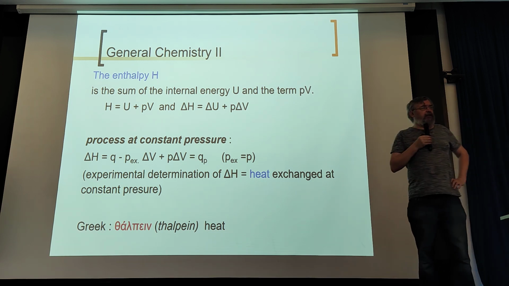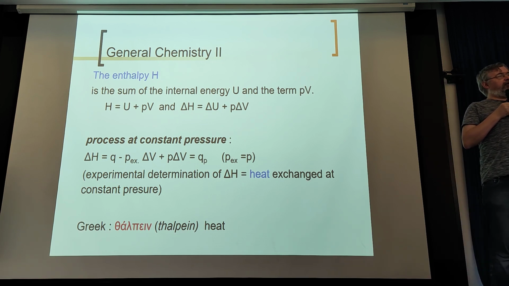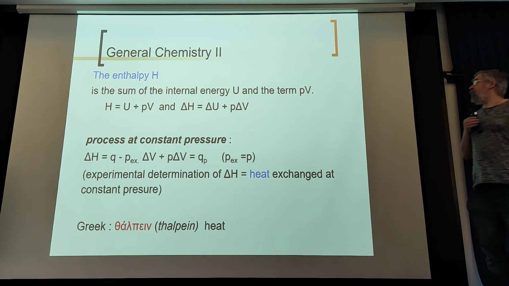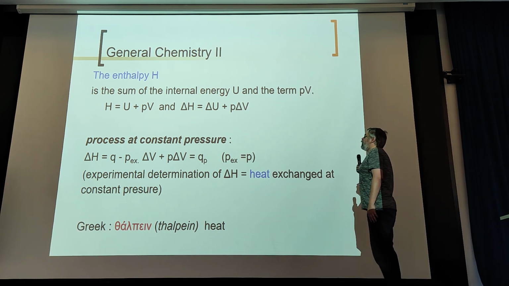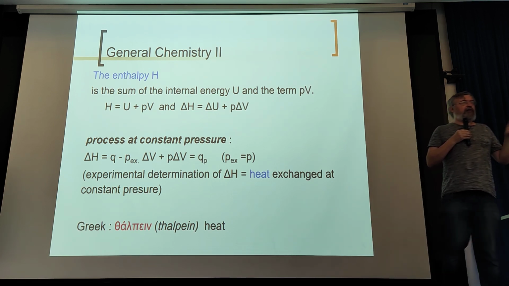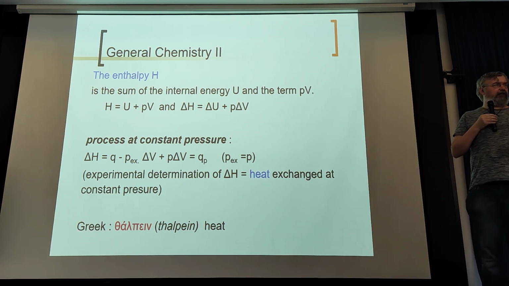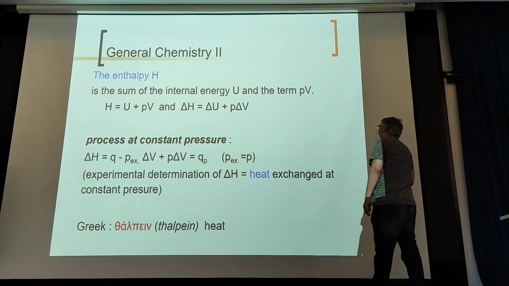Now, enthalpy can be made from the internal energy by adding the term PV to it. And again, we can express it in the delta function. So delta H is delta U plus P delta V.